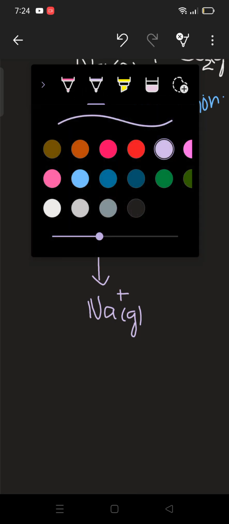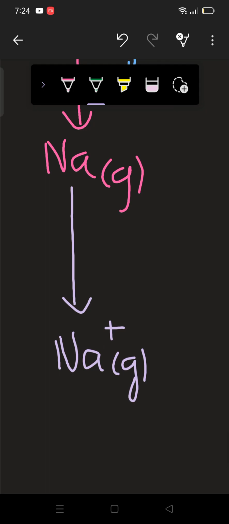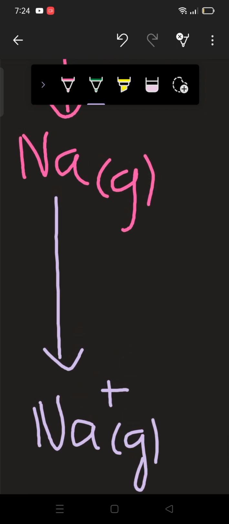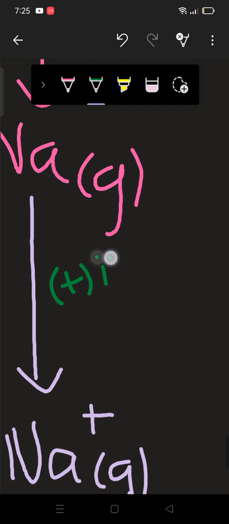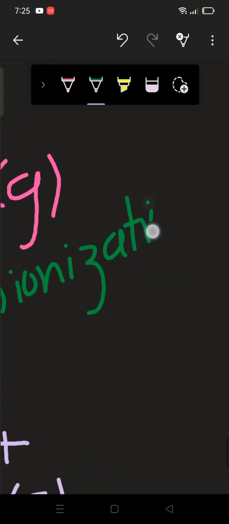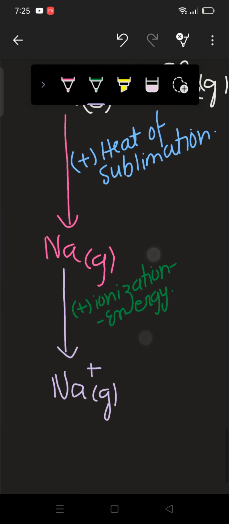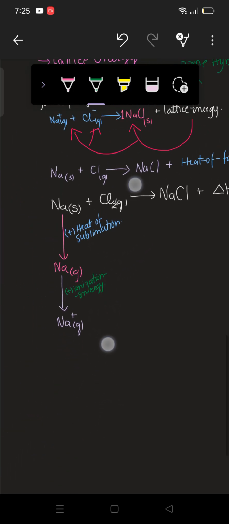Now see, sodium is already in the gaseous form, and the energy which is required by this atom to remove the electron is what we call the ionization energy. So that will also take positive ionization energy. Now see, Na plus in the gaseous form we have already got.